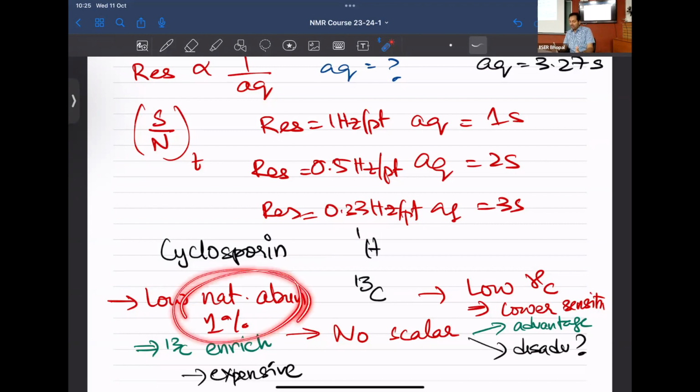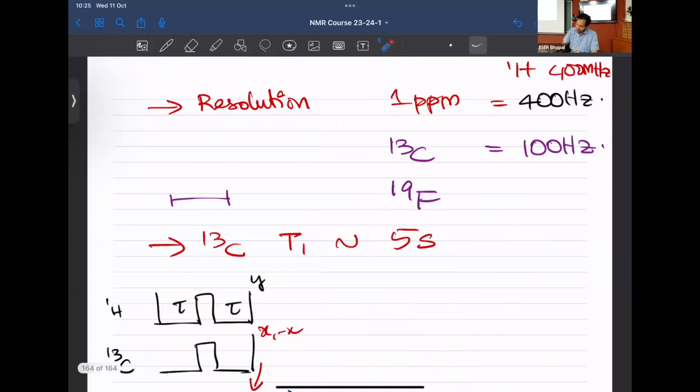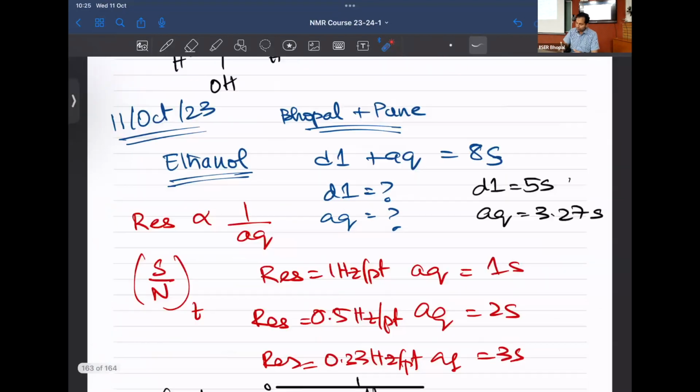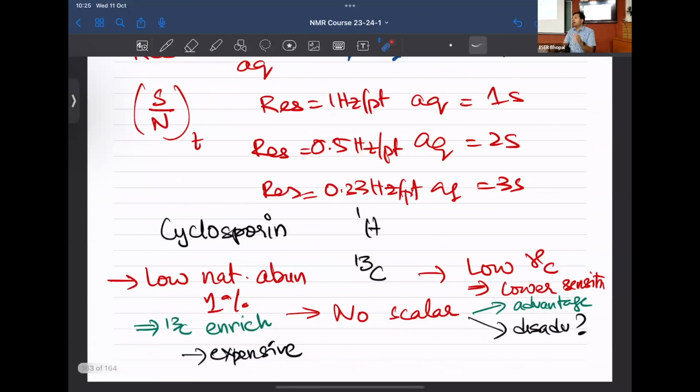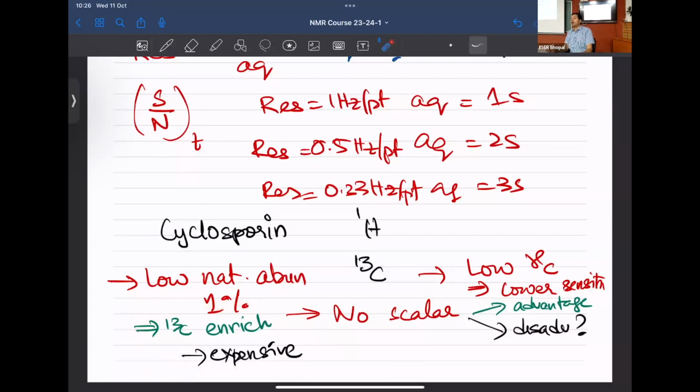So this cannot be negated, but you will still be able to increase the sensitivity about 3 to 4 times. Theoretically 4 times, but practically about 2.5 to 3 times is what you end up getting. Okay. And most importantly, even in the case that you have the ability to enrich your sample with 13C, doing a proton to carbon transfer seems advantageous because you still get 3 to 4 times more sensitivity. Does that make sense? Yeah.